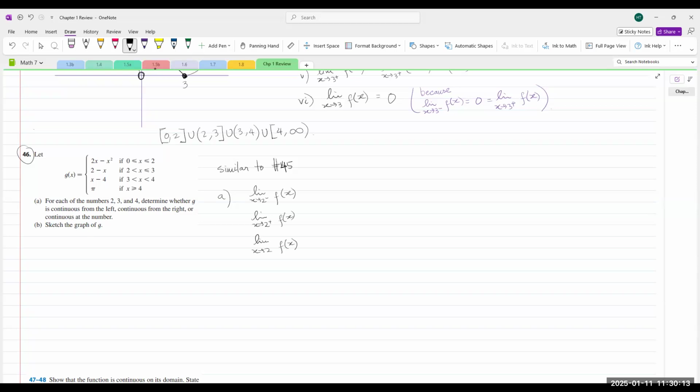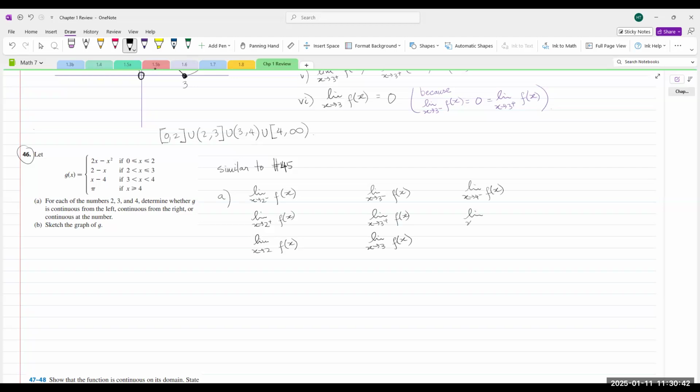And then at 3, limit as x approaches 3 from the left hand side, what is the value? Limit as x approaches 3 from the right hand side, what is the value? If they're the same, the limit exists. If not the same, the limit does not exist at 3. And you do likewise for 4. Limit as x approaches 4 from the left hand side, what is that equal to?